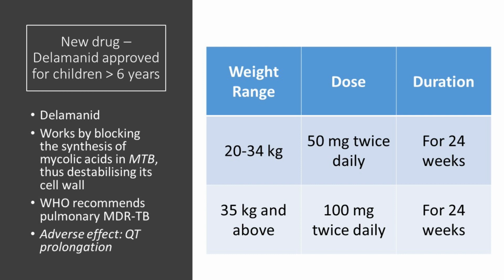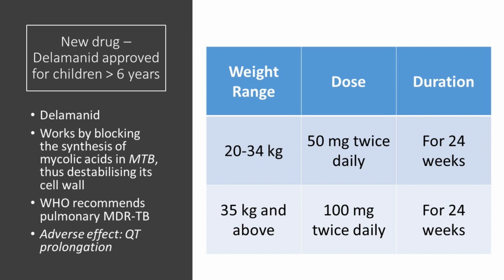We have used it for compassionate use in extrapulmonary TB patients as well, as we found good results in them. The major problem is the cardiac side effect of QT prolongation. So when you're using delamanid, you really have to monitor these patients. We have been monitoring them quite regularly for hypoalbuminemia, hypokalemia, and ECGs for QTc intervals.